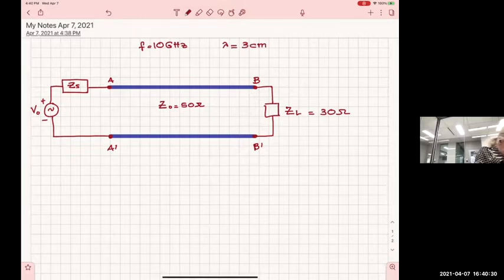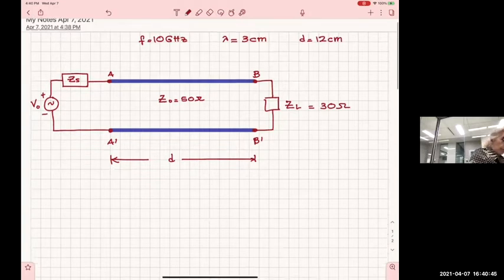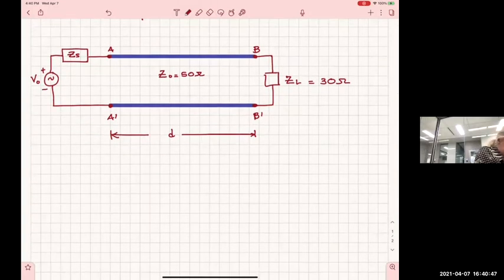And then I give you D to be, for example, 10 centimeters or 12 centimeters. Okay? And then I want you to find the reflection coefficient here.